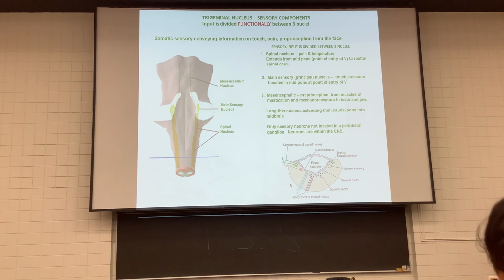Okay, so I'm just going to say this. This is the only sensation where the primary cell bodies are not located out in the ganglion. The mesencephalic nucleus of 5 actually contains the first order neurons.